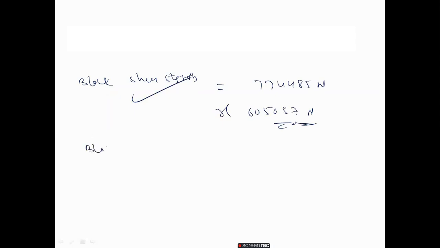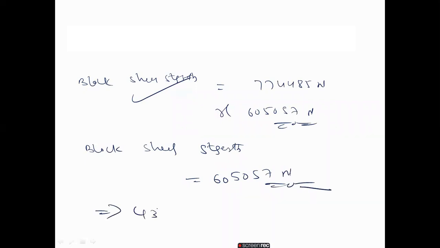Finally, the block shear strength is the lesser value, that is 605057 newtons. Hence the strength of the angle is 432500 newtons, which is greater than the given 430 kN. Hence it is okay. This is the connection without angle.